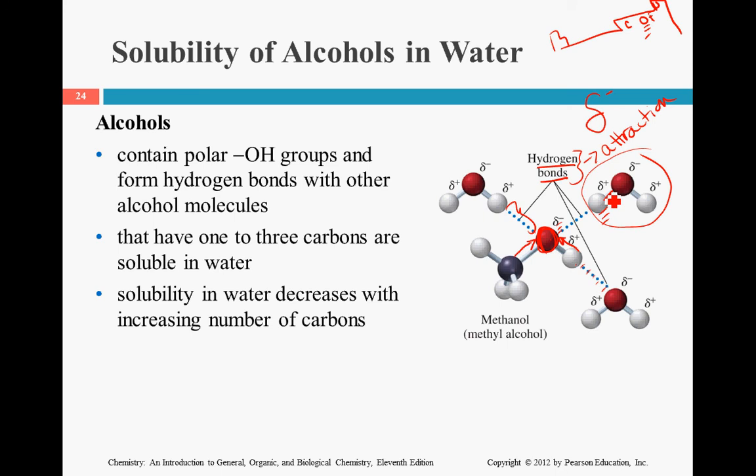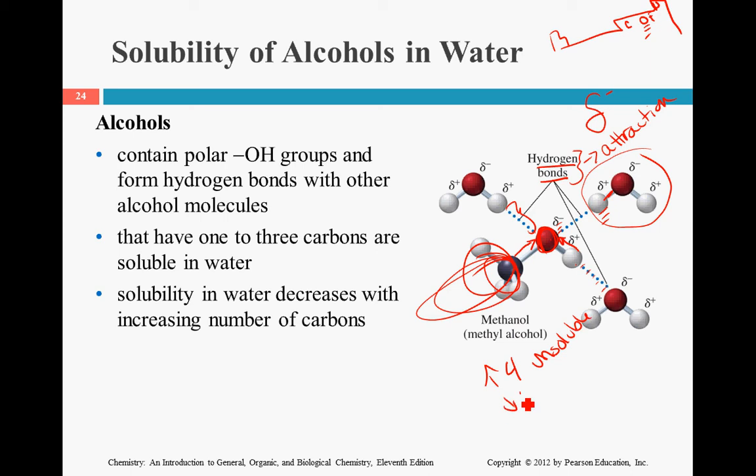Now that means at some point, because of this nonpolar area here, it's only attracted if the carbon chain isn't too long. Think of 4 being the cutoff. So more than 4 carbons, and there's no attraction, which means it's going to be insoluble.